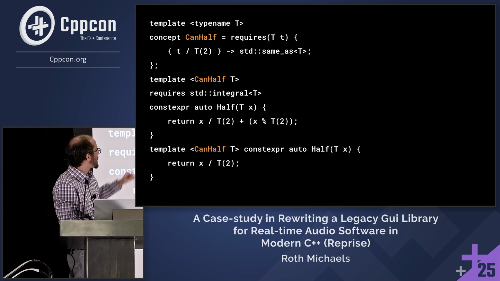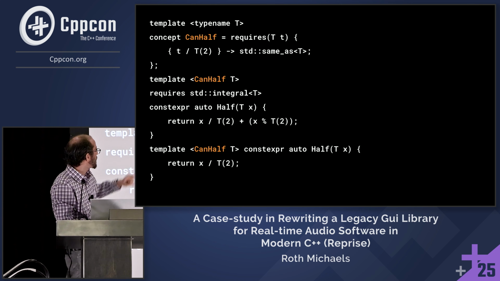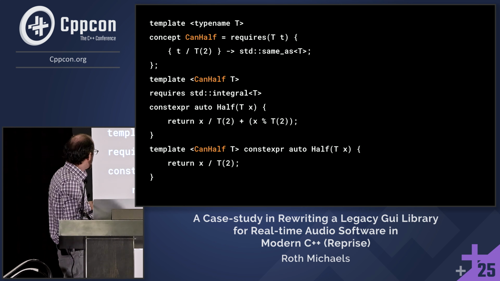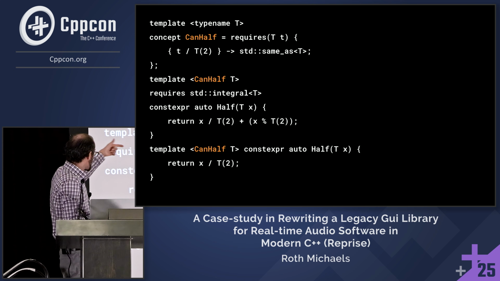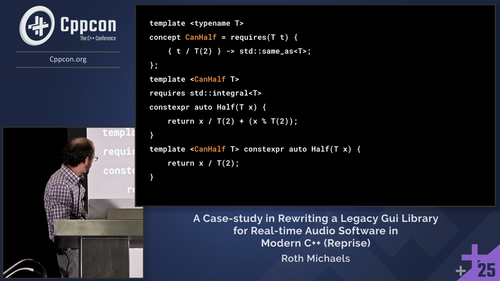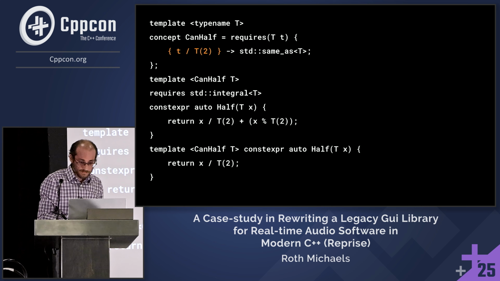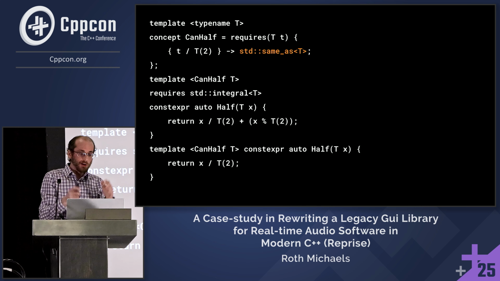And then does it match the concept? Is that the same as, are both Ts the same? And then we can use this CanHalf to say, oh, this is a CanHalf that requires integral, and then a CanHalf that's our generic version of CanHalf. So, a little bit of overview on concepts.